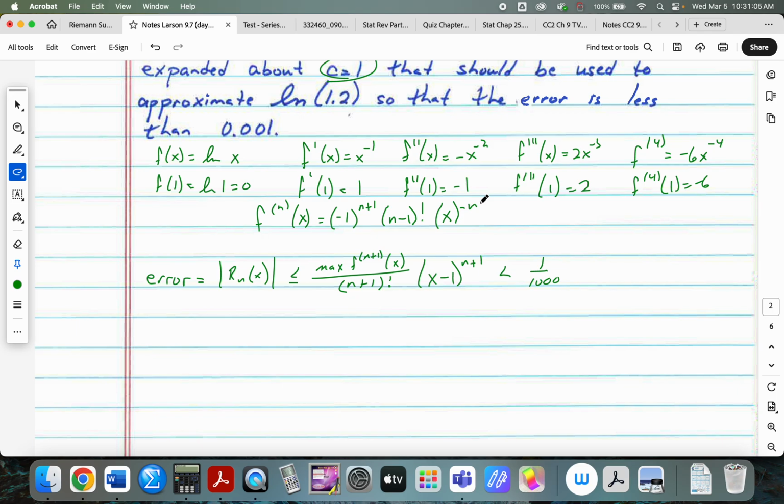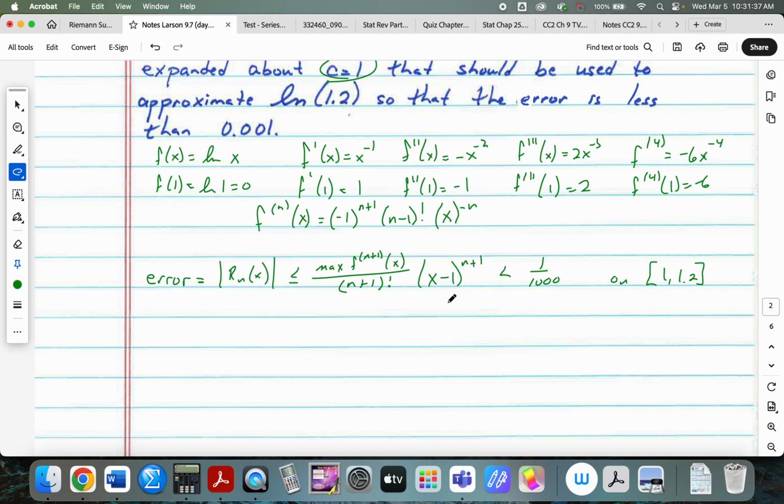Okay, so we're going to look at the interval from 1 to 1.2, right? Because 1 is where we're centering it, and 1.2 is what we're trying to evaluate. If I make x 1, that's going to make this derivative as large as possible, because if I make it 1.2, we'll have a larger denominator, so that'll make it smaller.